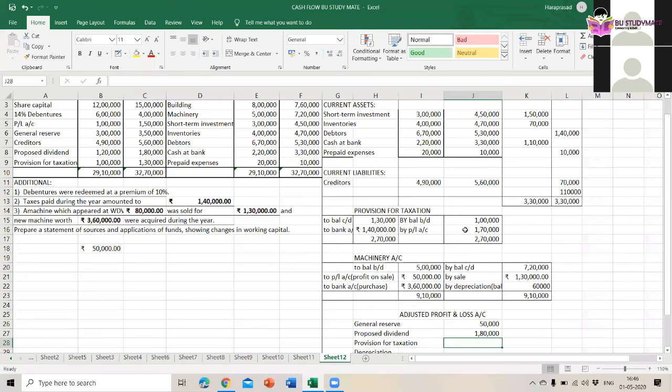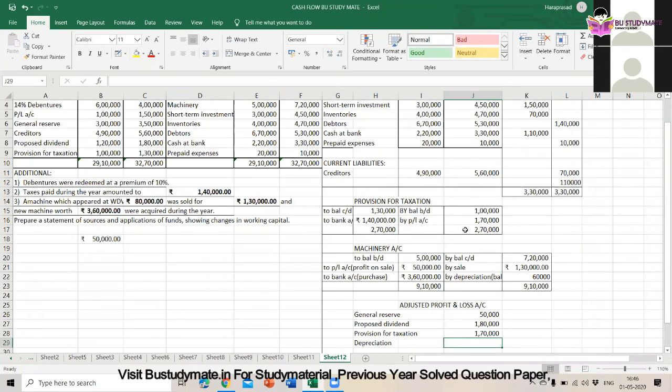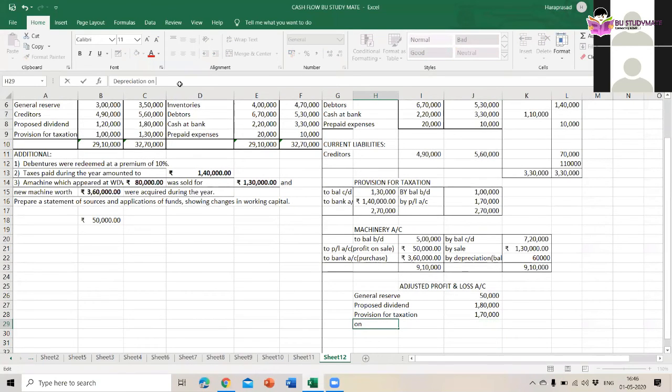Then depreciation on machine. How much? That is here we calculated 60,000 rupees. Then is there any other depreciation?